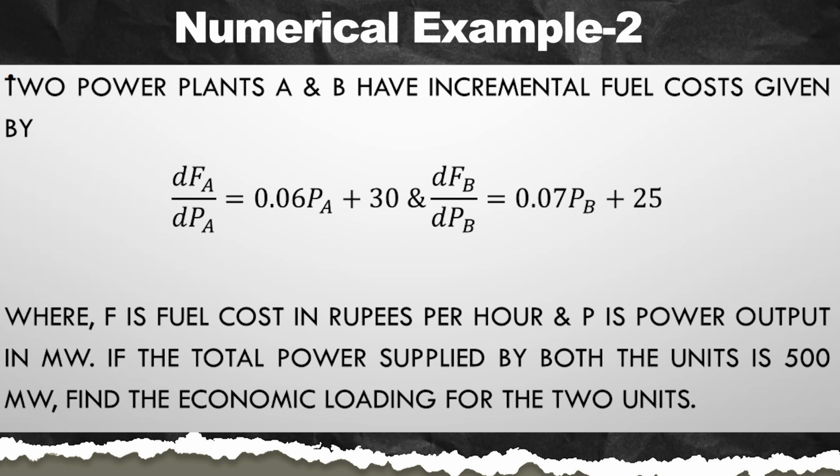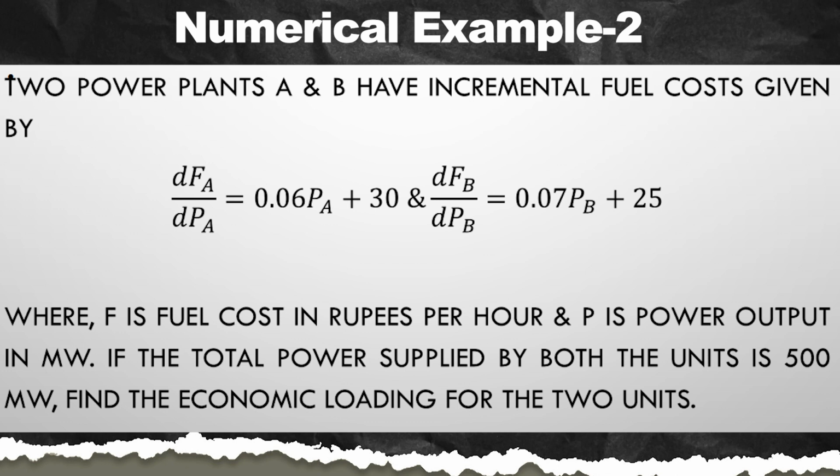So, F is the fuel cost, which means this is the input, and this fuel cost is given in rupees per hour, and P is the power output. So, F is the input and P is the output.